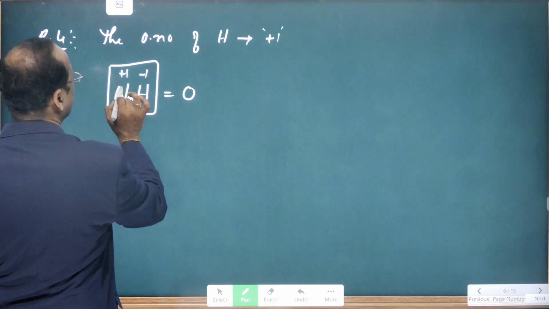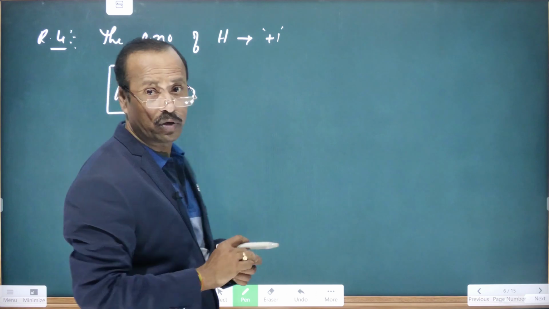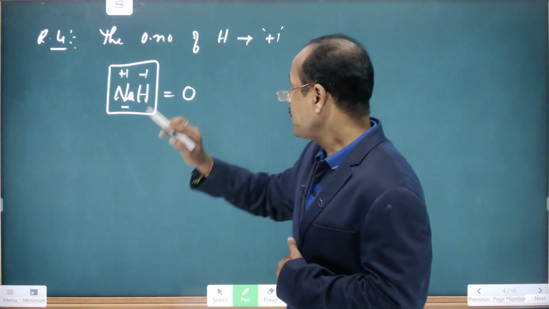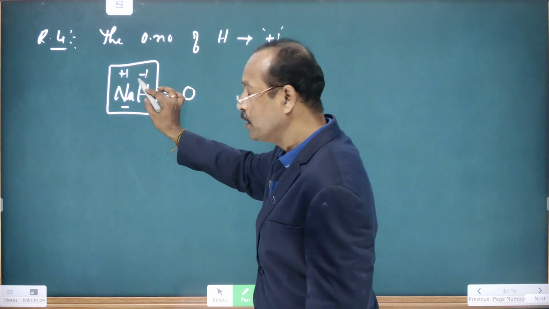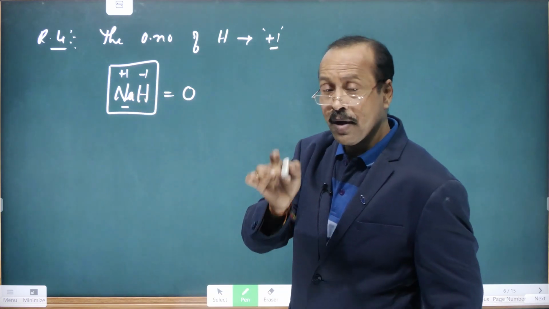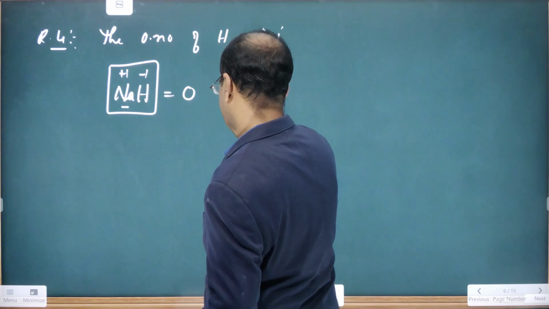So here sodium is +1, but hydrogen is exhibiting -1. Means hydrogen can exhibit the +1 oxidation state, and hydrogen can also exhibit the -1 oxidation state. In which case? In metal hydrides.